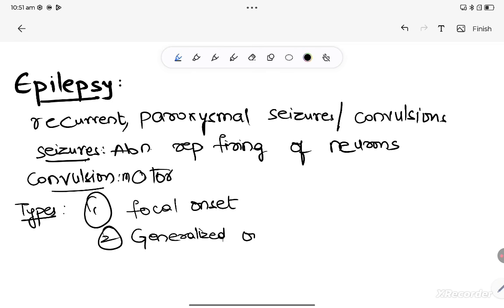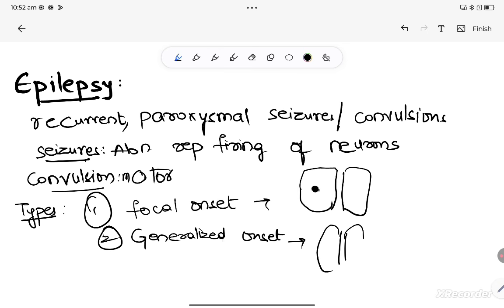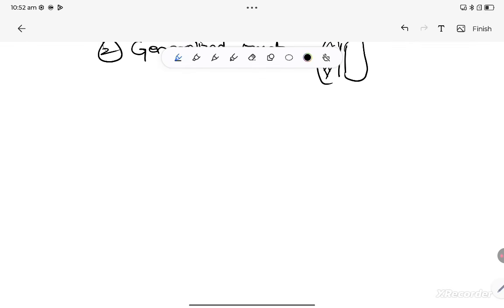With respect to focal onset, let us consider this as our brain, and a small set of neurons will be involved, whereas in generalized onset, your whole brain will be involved the majority of the times. Clear? Now with this background, let us go into anti-epileptics proper.